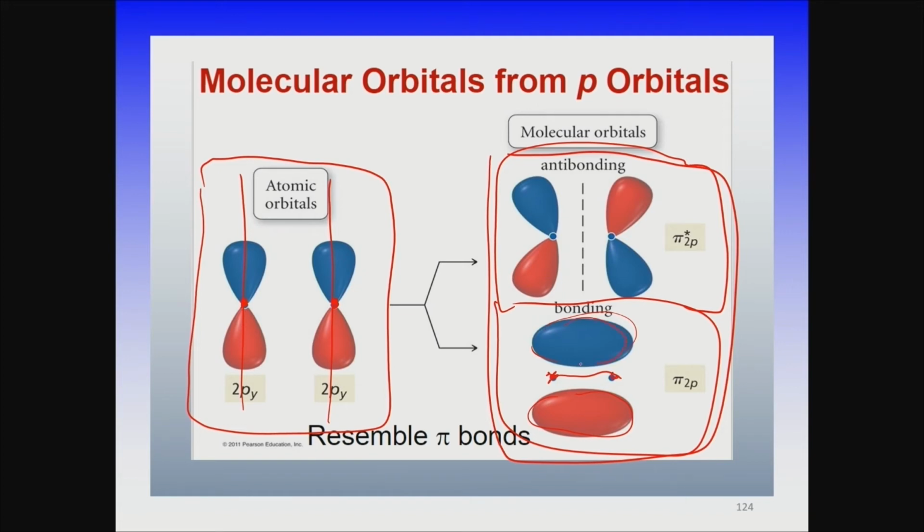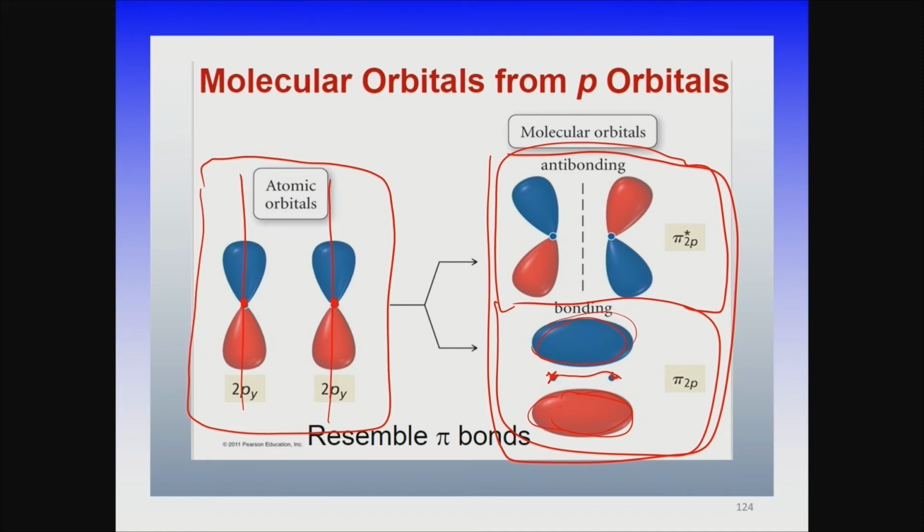We have a blob of electron density up above the nuclei. We have another blob below the nuclei, but we really have no continuous density around the internuclear axis going from the above to the below blob. And so this is not cylindrically symmetrical, and so we can't call this a sigma orbital. We have to call this a pi orbital. And so we call this a pi 2p orbital.